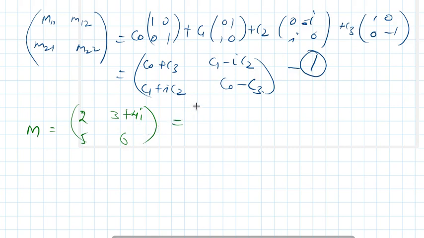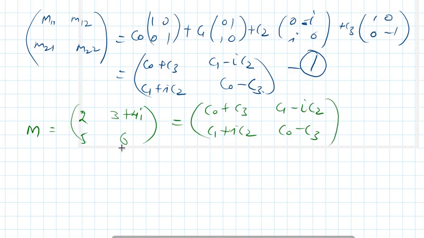As I know from equation 1, this can be expressed as [C naught + C3, C1 - iC2; C1 + iC2, C naught - C3].